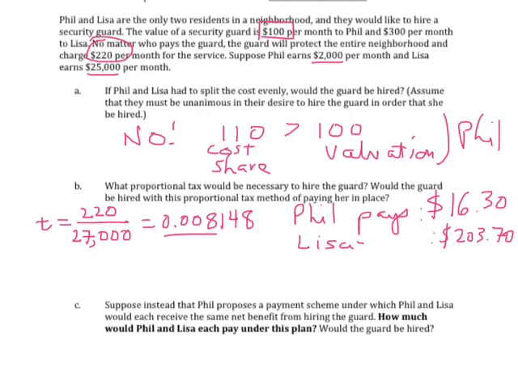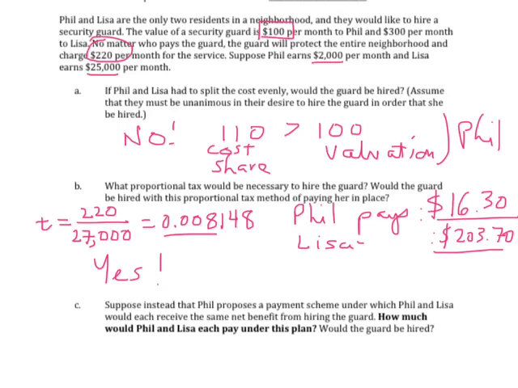And then would the guard get hired? Yes, the guard gets hired. Notice that 16.30 is less than Phil's valuation of $100 for the guard, and 203.70 is less than Lisa's valuation. Costs are less than the value, so the guard gets hired.